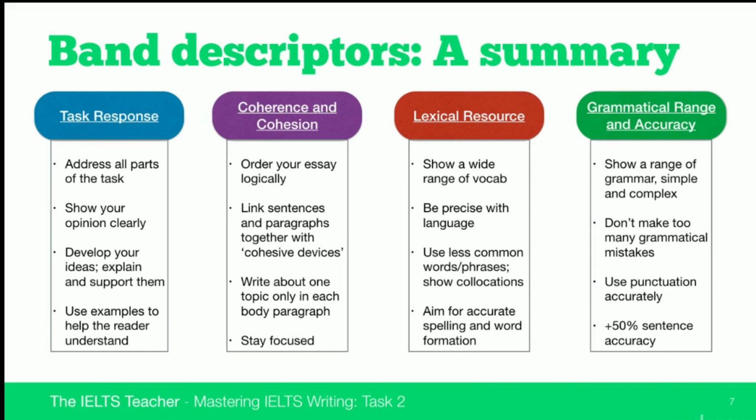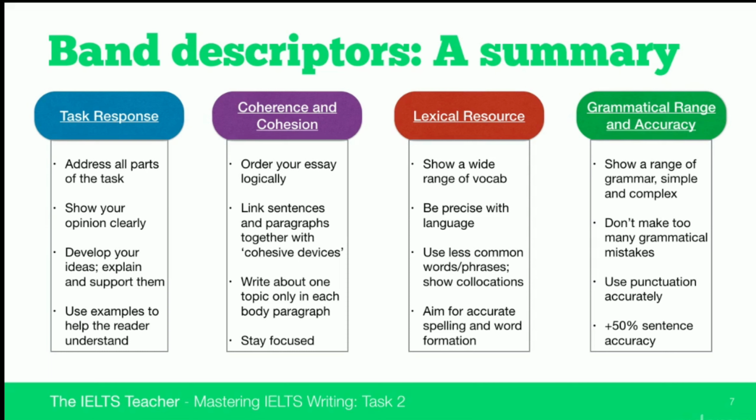The aim of this course then is to help you to achieve each of these criteria. Many of the lessons in this course will be looking at individual criteria points. For example, how to paraphrase or how to use collocations.